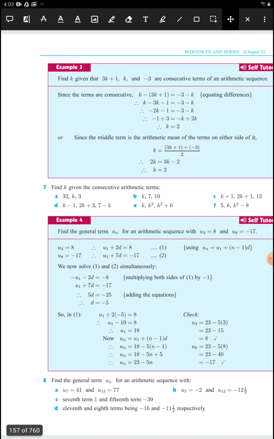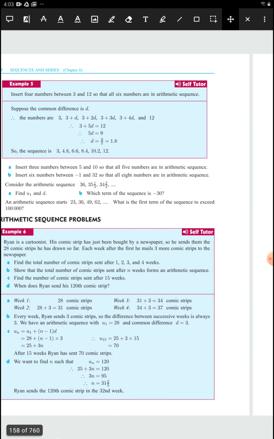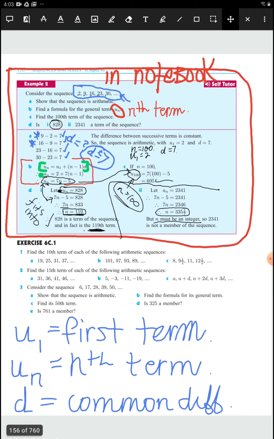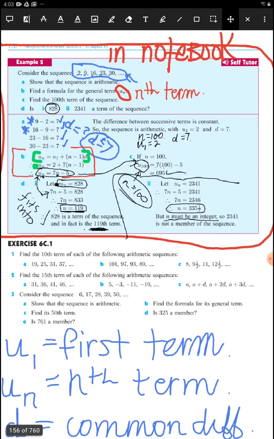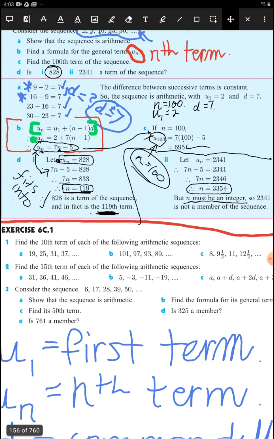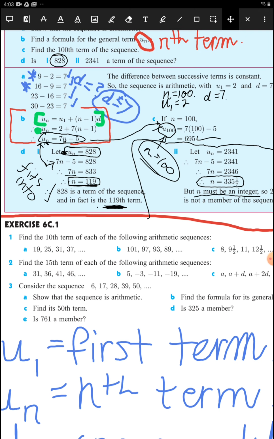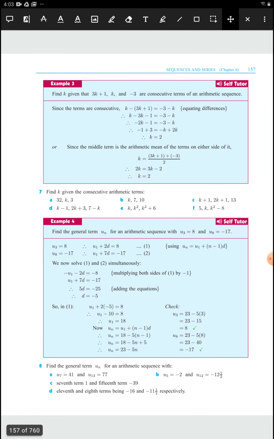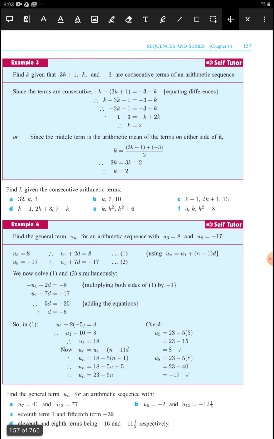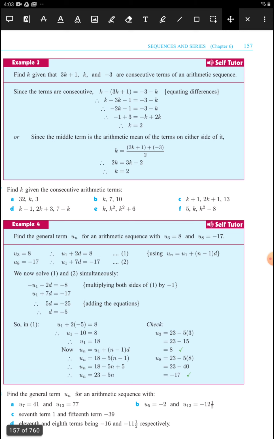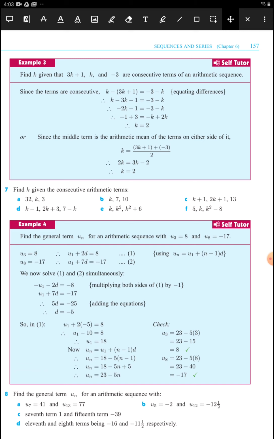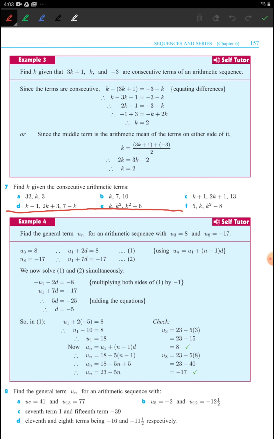And so wait, hold on. I want you also, let's go on to, so make sure you have example 2. Example 4 is very important. Make sure you have example 4.